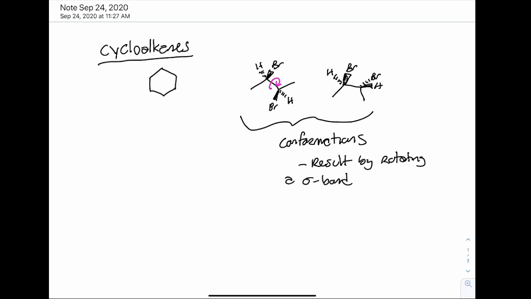Because our cyclic structure though is bonded to other carbons, it doesn't actually have free rotation. So we actually talked about stereoisomers. So if I was to put two bromines on here, I can't rotate that bond between them and end up with the bromine on the other carbon going back, right?